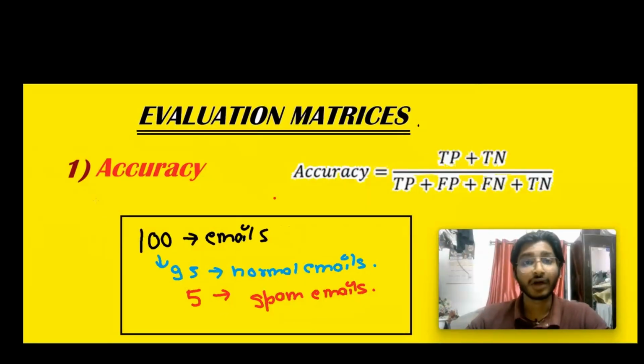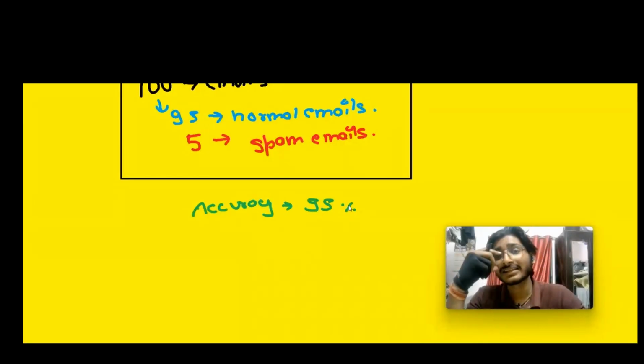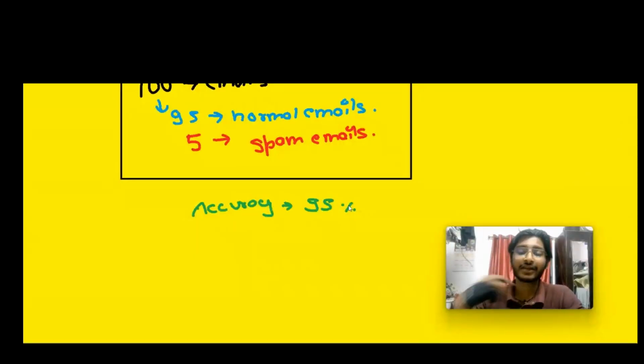What will be the accuracy? The accuracy will become 95%. But the model failed to detect even a single spam email. So even though the accuracy is 95%, the model is completely useless. That is the reason why accuracy alone is not reliable, especially in imbalanced datasets.